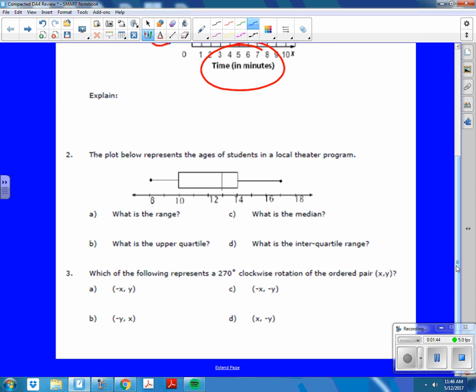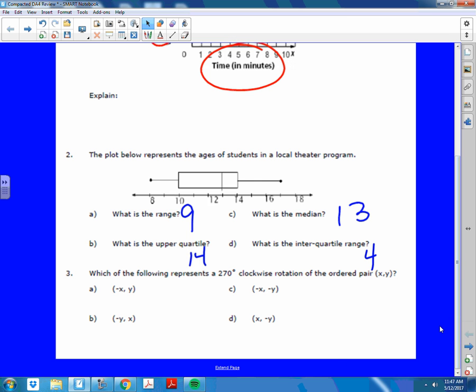Number 2, we have 9, 14, 13 as the median, and 4 as the interquartile range. Okay? Now, the rotations I want to talk about, because on the original review I did not have a correct answer, and I've changed it since.